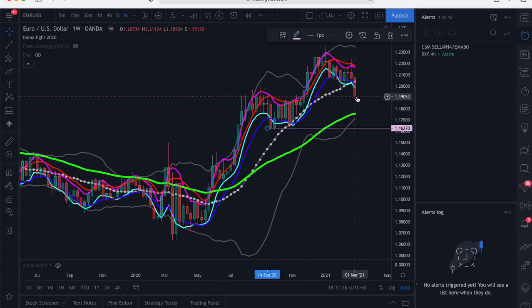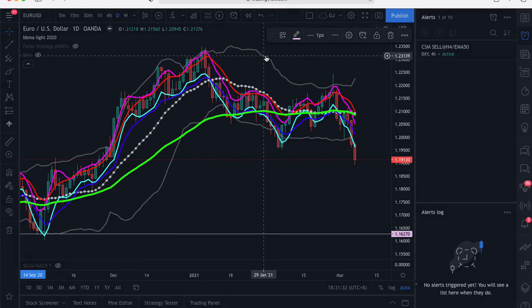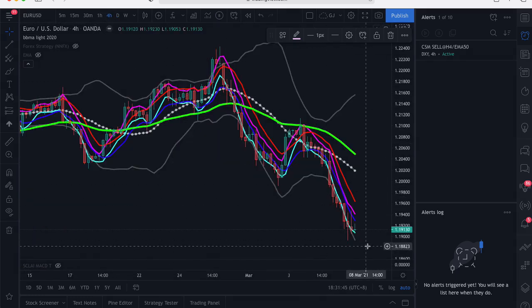So this is an entry buy setup for us, and as you can see here, EMA 50 is below the current price. On the daily time frame, Friday, EURUSD made a CSM sell. It opened and closed outside the Bollinger Band, and on H4 it starts to make an MHV buy over here.